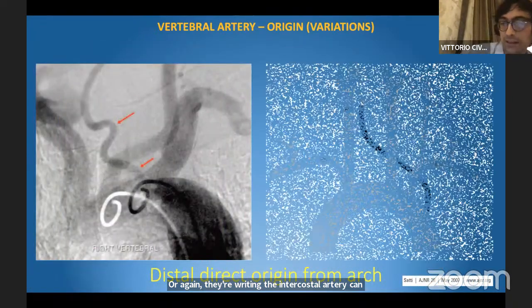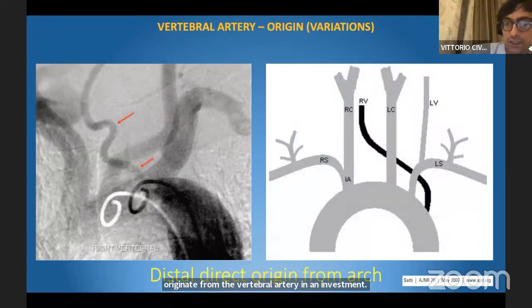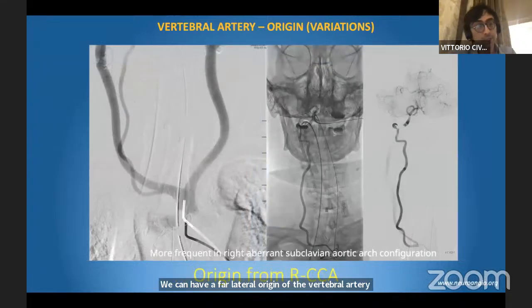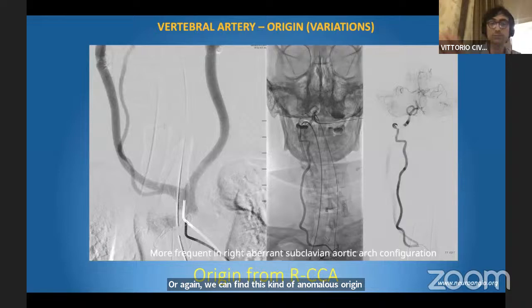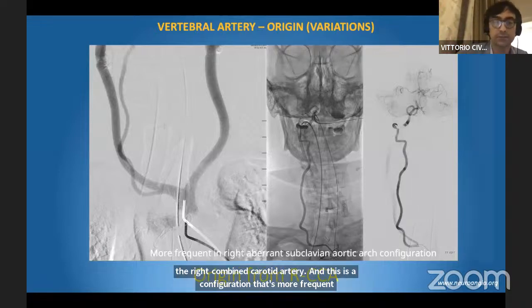We can have a far lateral origin of the vertebral artery from the aortic arch. Or again, we can find this kind of anomalous origin from the right common carotid artery. And this is a configuration that's more frequent in the right aberrant subclavian aortic arch configuration.